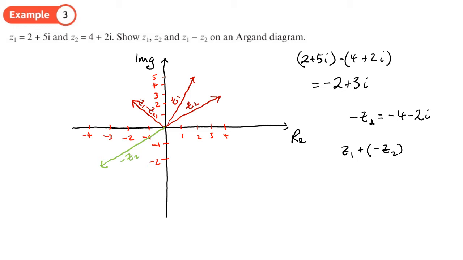Let me just draw this on so you can see. So if that and that, we've got that, and I'm making it a parallelogram, it works out the same way: it's the diagonal of this parallelogram. It's not to scale, so it's not perfect, but you get the idea. Okay, you should now be able to do exercise 2A on page 19.